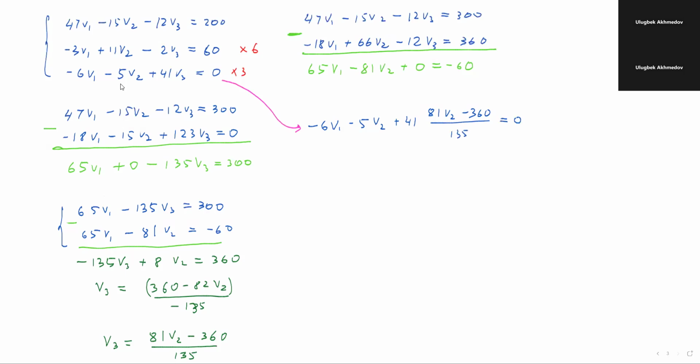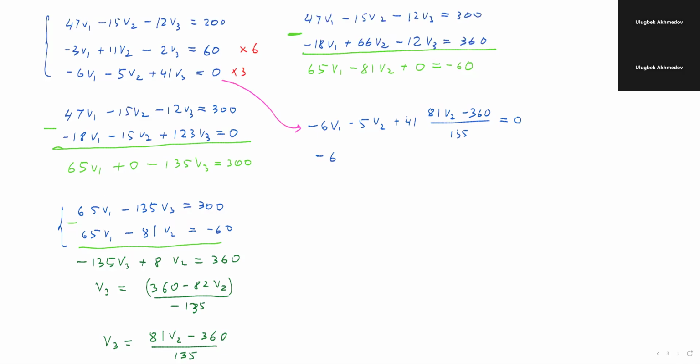The whole thing is equal to 0. We multiply everything by 135 to make it easier, and we're going to see what happens.